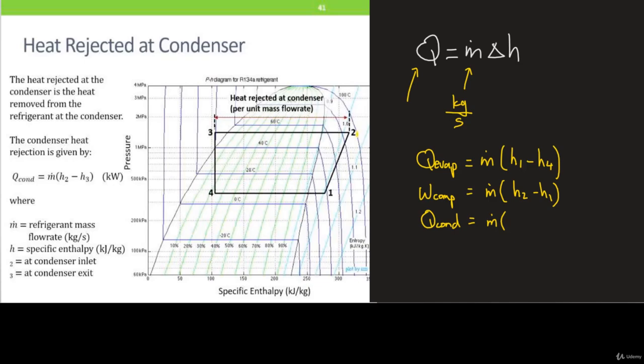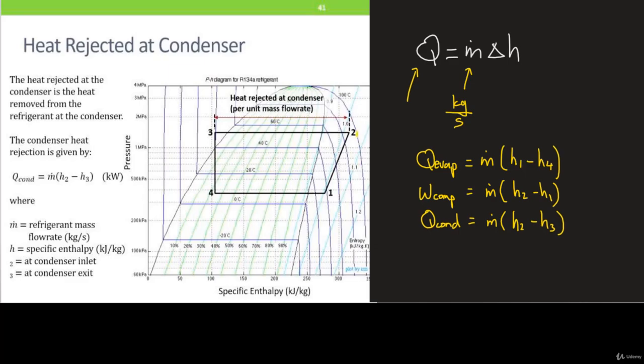Just take the bigger value, H2, minus the smaller value, H3. In the end, you will still get a positive answer because you have already clearly said that it is a heat rejection from the condenser. So you don't have to write H3 minus H2 and get a negative answer.